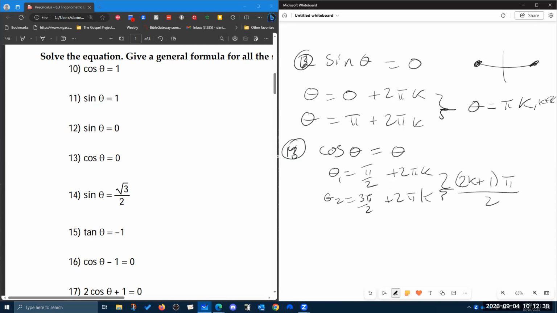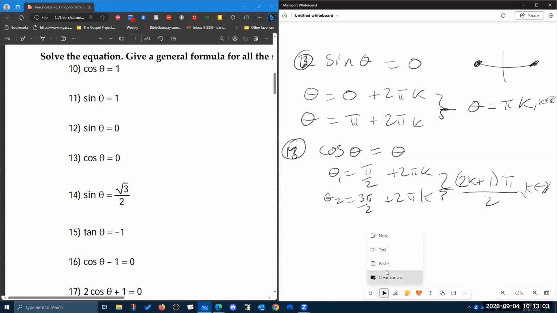If I start with k equals 0, 0 plus 1 is 1, 1 pi over 2, then k is 1, which is going to be 3 pi over 2, and I can keep moving in that direction. If I make k negative 1, then this is negative pi over 2, then negative 3 pi over 2, and so on, and I get all of my answers that way.